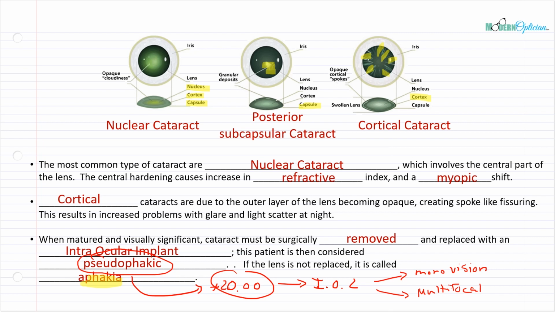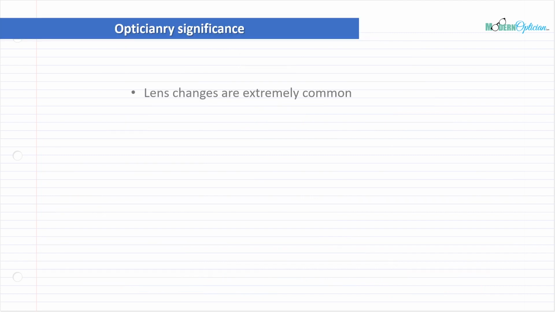So why don't we talk about how this applies specifically to us in the dispensary? Well, first, lens changes are extremely common. At any given point from middle age to later in life, you have to assume that the crystalline lens is going through some form of change. And why is that important?